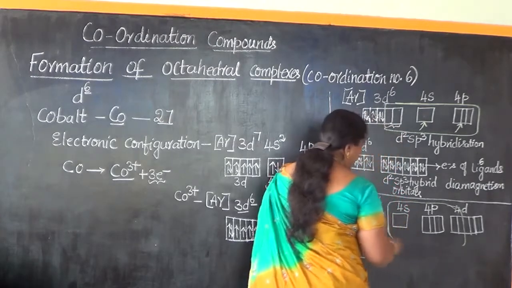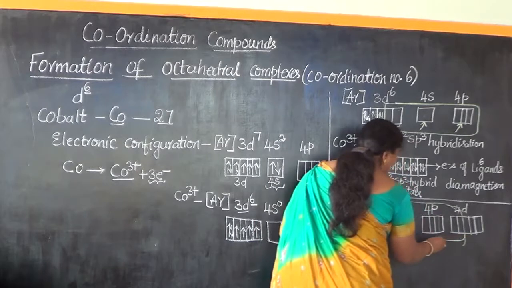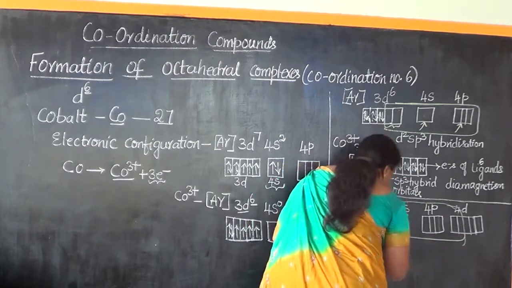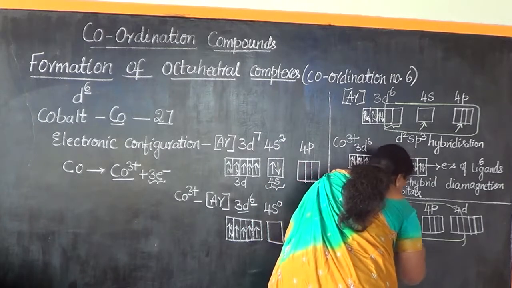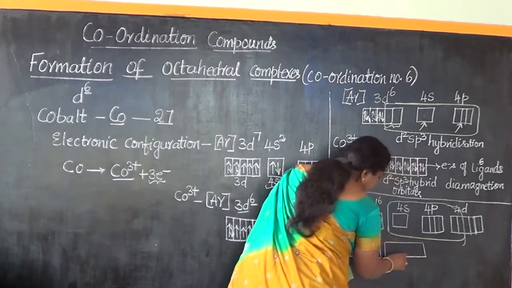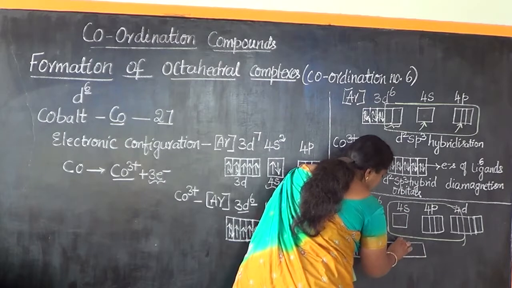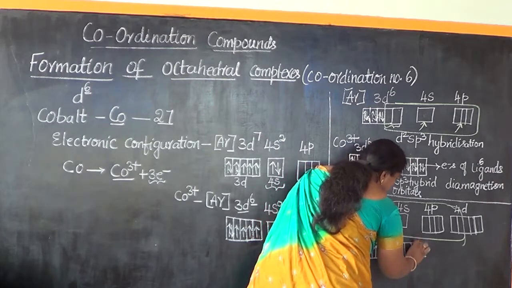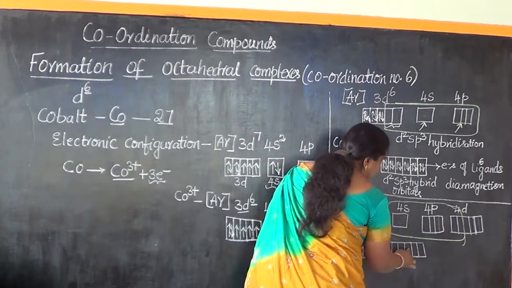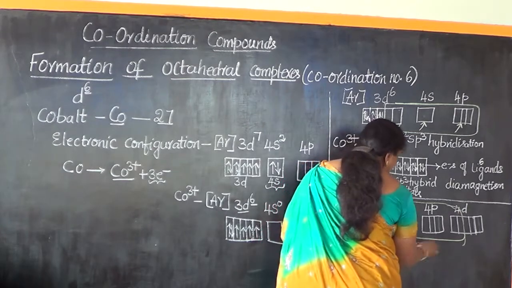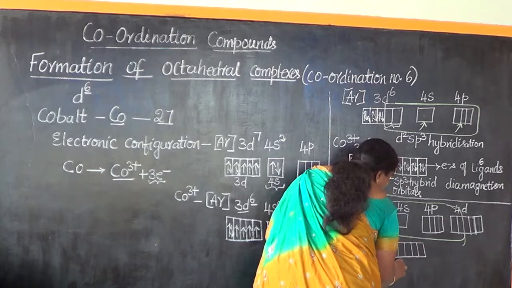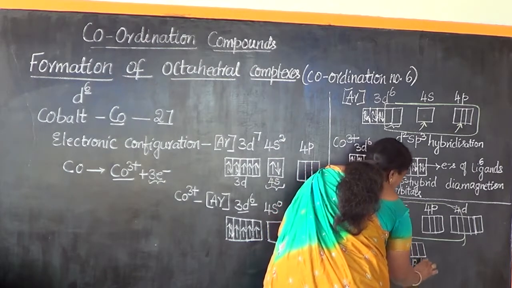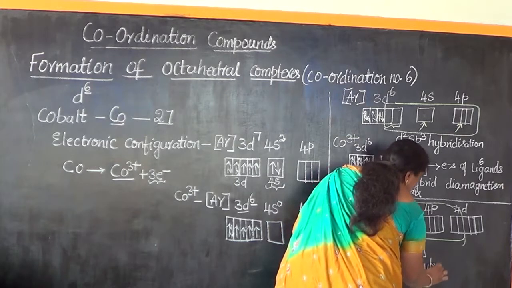So we have 6 orbitals which are hybrid orbitals. 1, 2, 3, 4, 5 and 6. Each one is called an sp3d2 hybrid orbital.